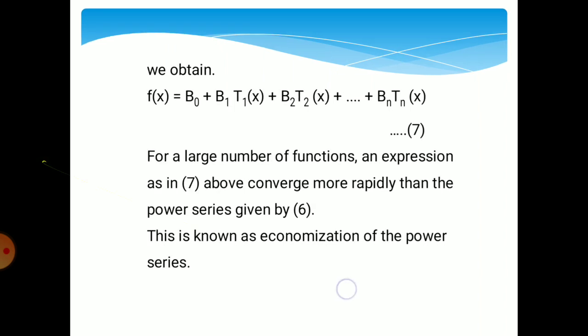That means we have to write the given power series of the function f(x) in terms of T_n(x), because it converges more rapidly, and therefore the new series is called an economization of the power series, or this procedure is called economization of power series.